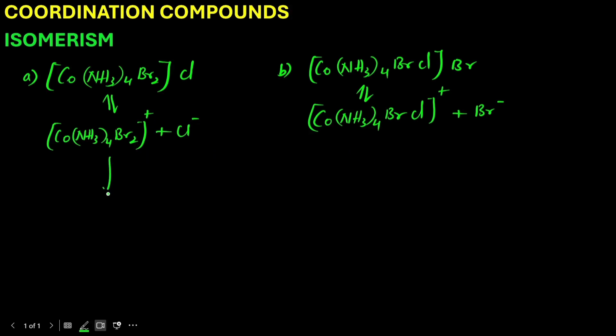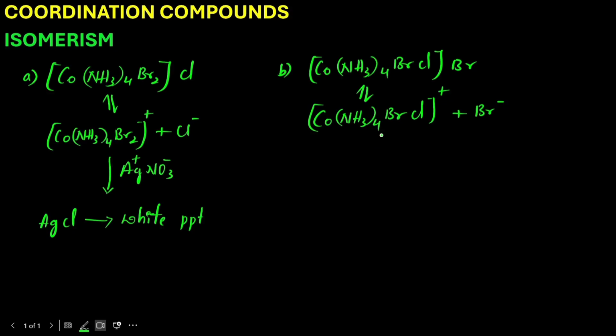When this is treated with AgNO3, we have Ag+ and NO3-. This Ag+ reacts with Cl- to give AgCl, which is a white precipitate.